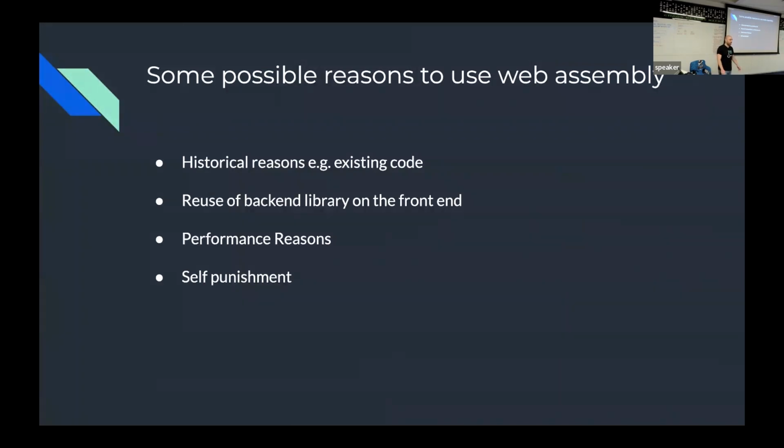Maybe you have existing code or you have some sort of historical reason for using WebAssembly. I think that's probably the most common reason for using Emscripten specifically. You've got something like image processing software that was written in C++ ages ago, and it works, and you're not about to change it, you just want to port it to the web. Emscripten is a great tool for that. You might want to use Emscripten for performance reasons.